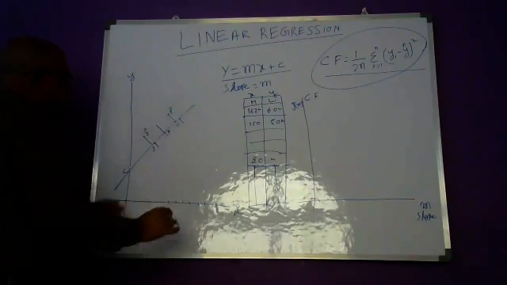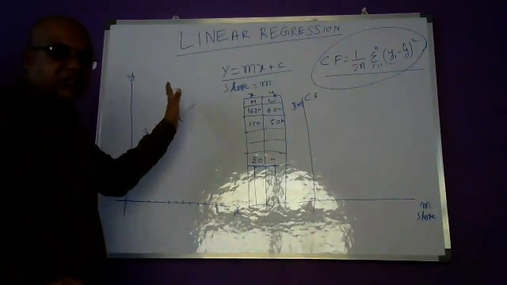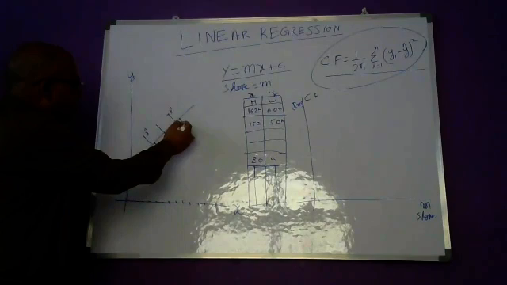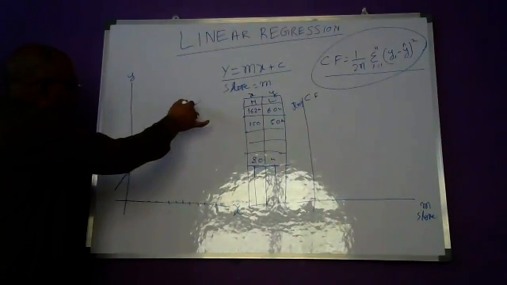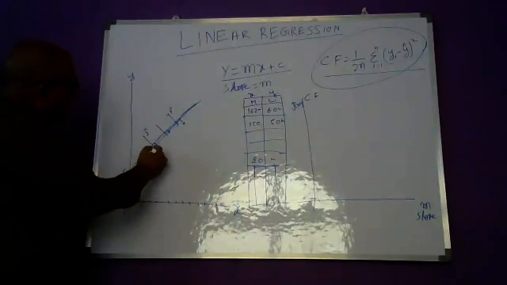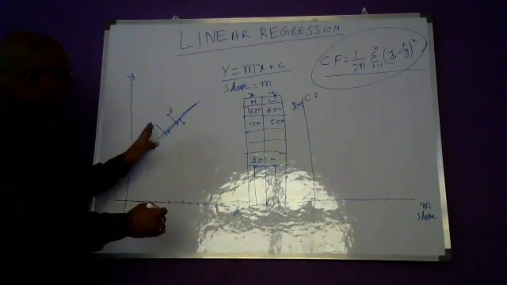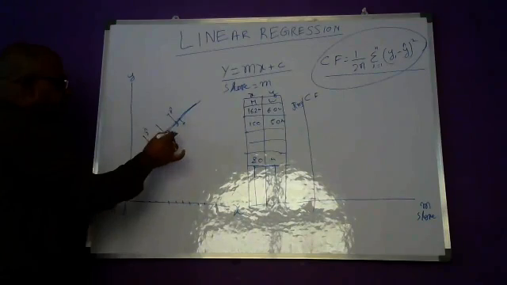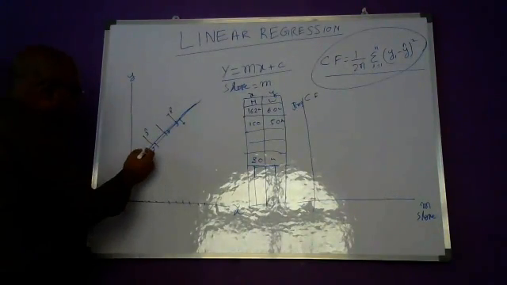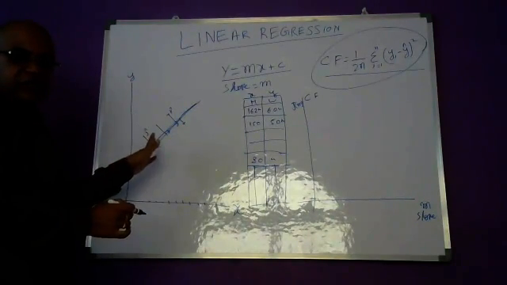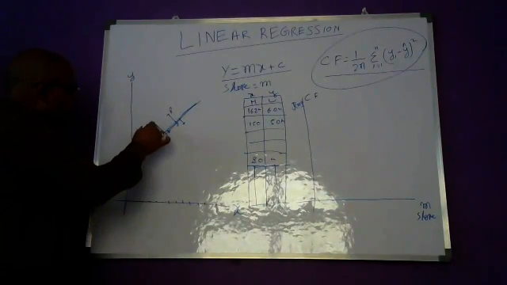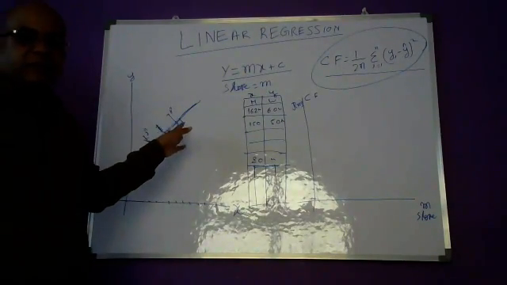Y hat means the system-predicted weights. These are different from the actual values, so there is a difference. This line length we have to calculate.